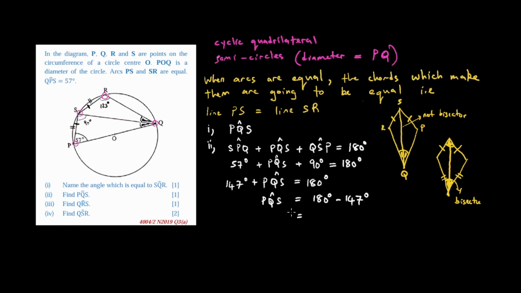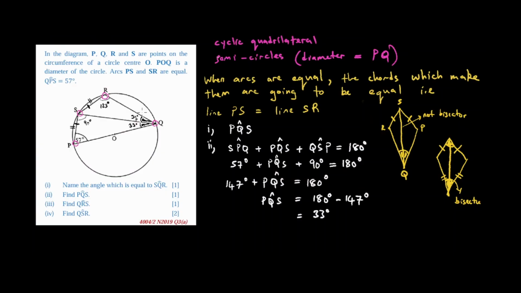So 180 minus 147 is equal to 33 degrees. So thanks to everyone, we see that where we were looking for PQS, PQS is 33 degrees, which means automatically that this is going to be 33 degrees since those two angles are equal to each other.